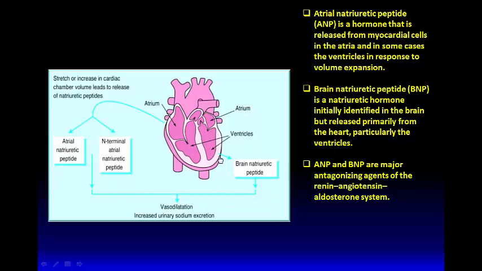Both atrial natriuretic peptide and brain natriuretic peptide are major antagonizing agents of the renin-angiotensin-aldosterone system.